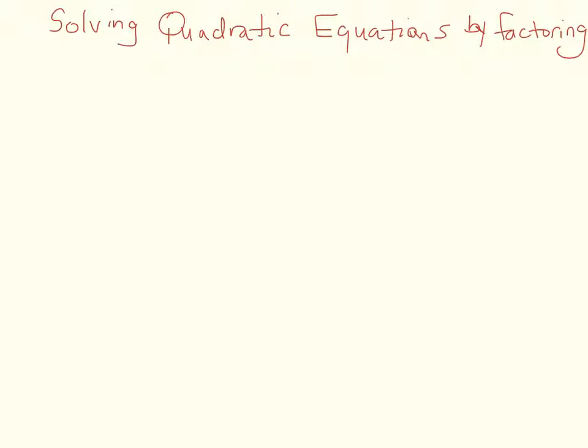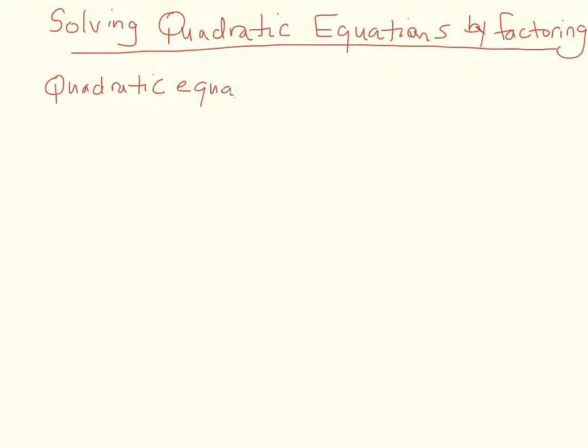All right, so let's talk about what a quadratic equation is. A quadratic equation is an equation of the form ax squared plus bx plus c equals 0.